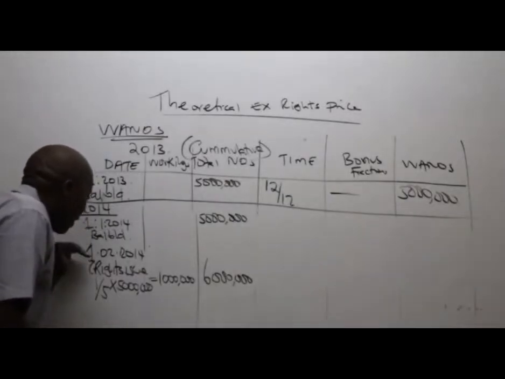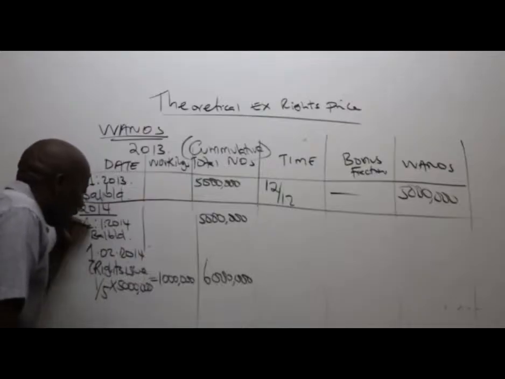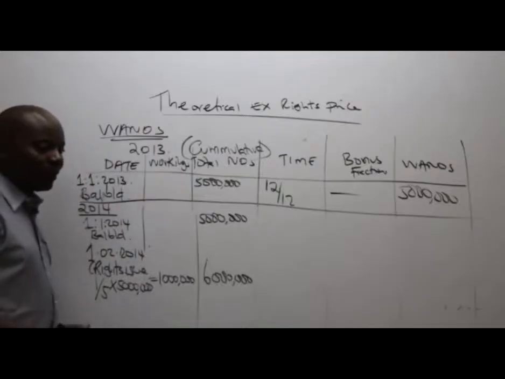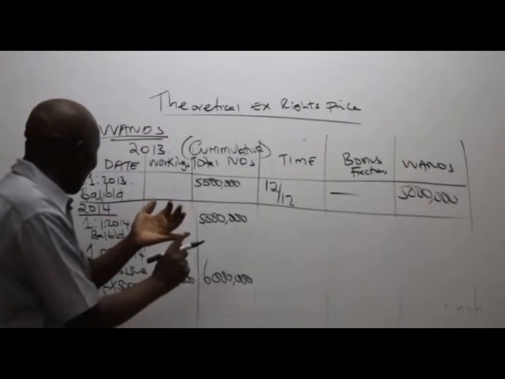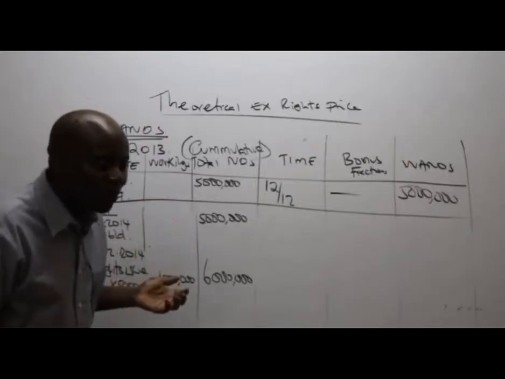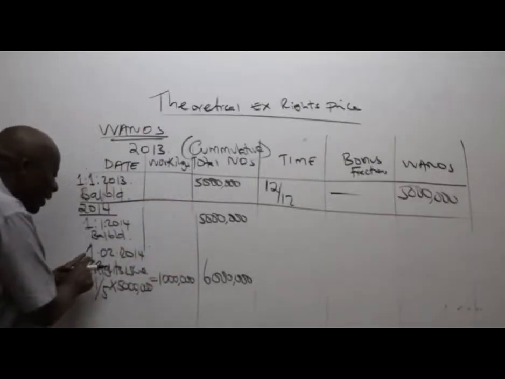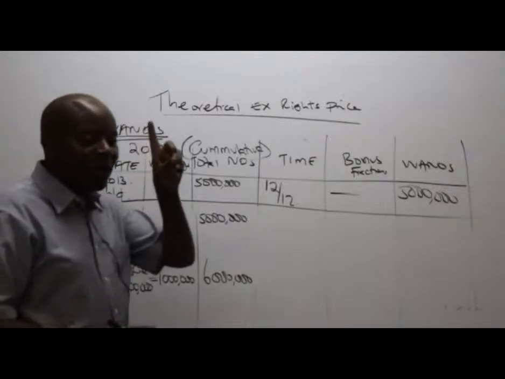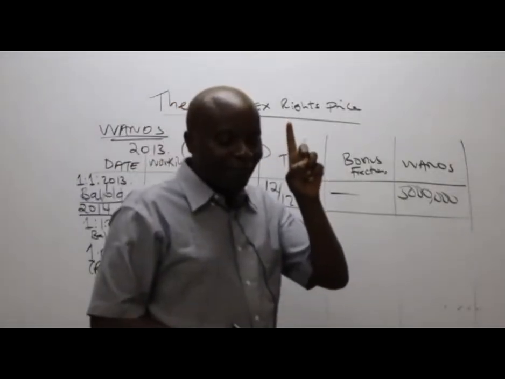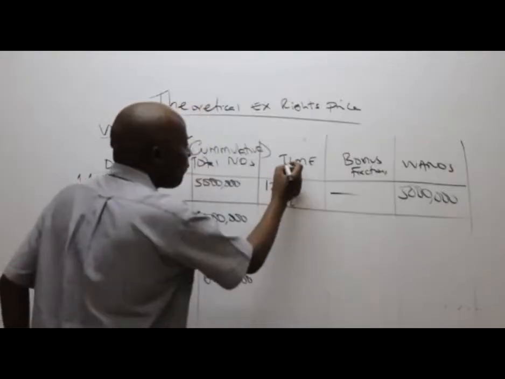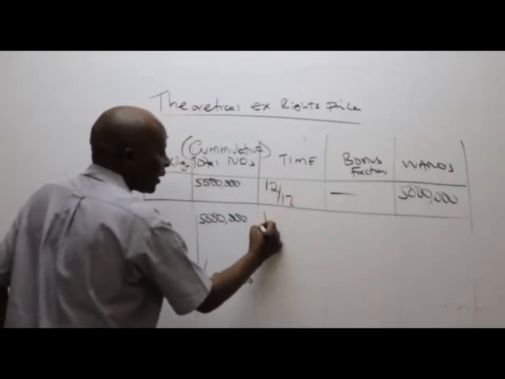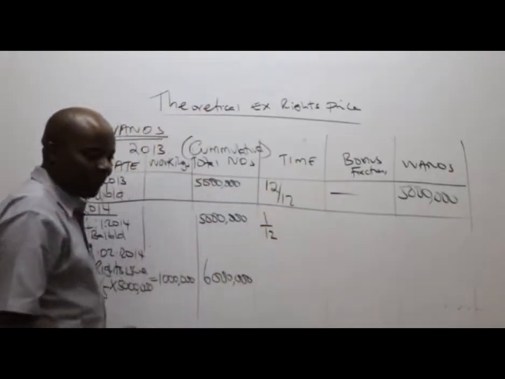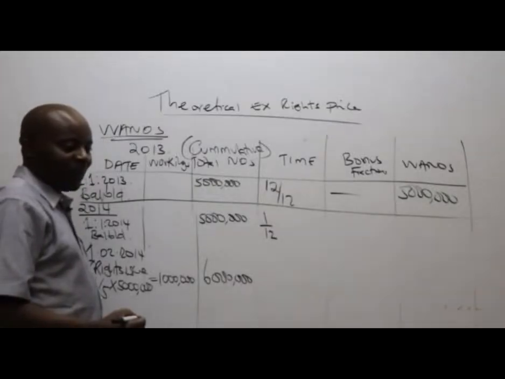How many months do we have in between? We have here January; don't count February because this happened at the beginning of February. So it is only how many months? 1 month. So here, for the time fraction, I will say it is 1 over what, somebody? 1 over 12. Isn't that true?